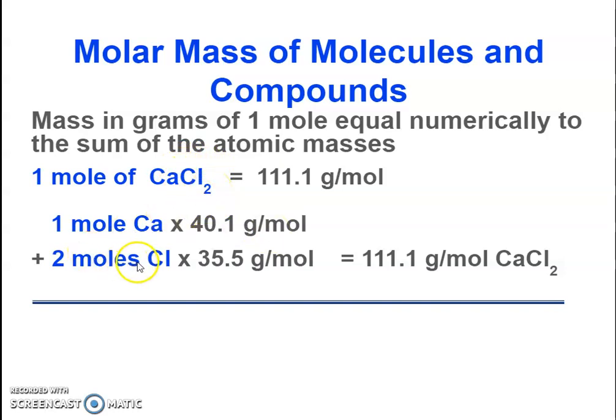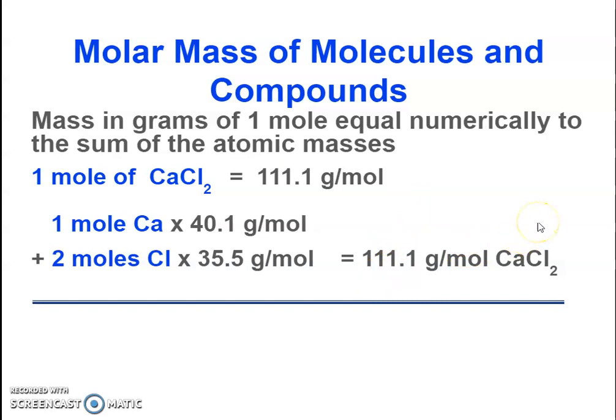So 2 moles, each mole of chlorine is going to be 35.5. So we multiply that by 2, add that to our 40.1, and that means that the molecular mass of calcium chloride is 111.1 grams per mole. So what this means is each mole of calcium chloride weighs 111.1 grams.